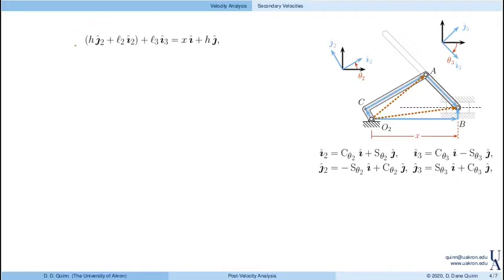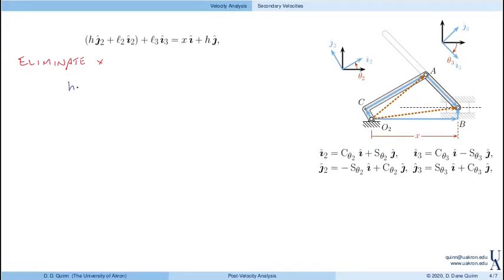Here is the loop closure equation that we've written out. It's h in the j2 direction, plus L2 in the I2 direction, plus L3 in the I3 direction, equals x in the I direction plus a constant h in the j direction. Here x is unknown, theta 3 is unknown, and theta 2 is known. I'd like to find theta 3, so we want to eliminate the other unknown, which is x.